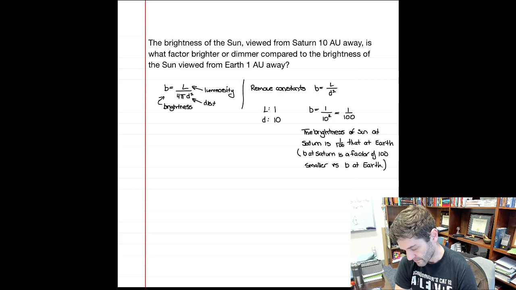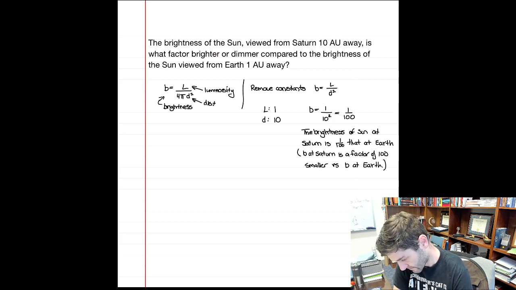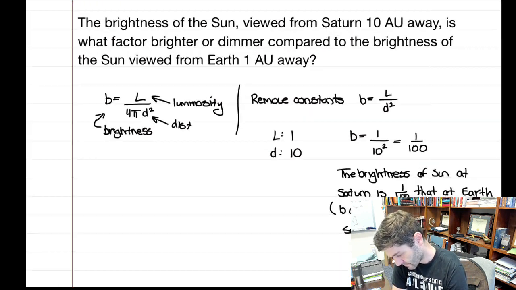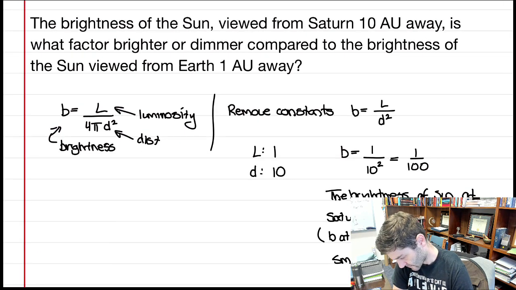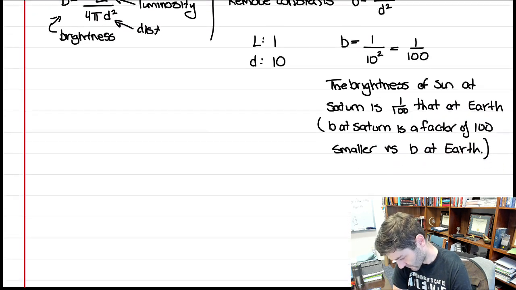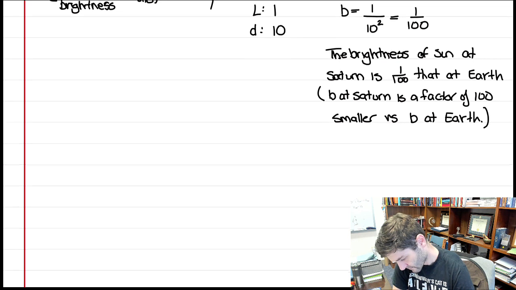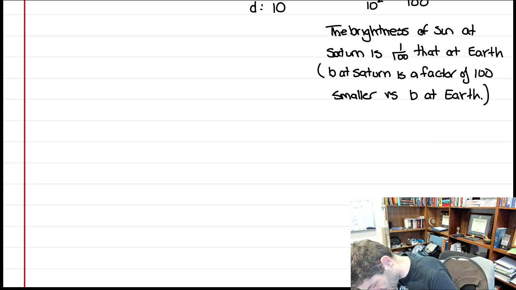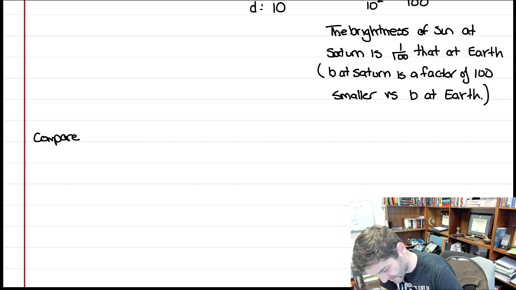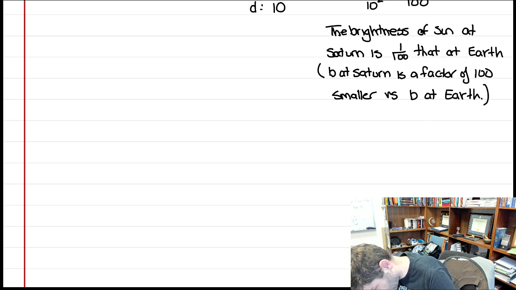Now again, if you were to do it the other way, maybe I'll just do it real quick, since it's a video and goes as long as I want. If you wanted to compare, or I guess, what is the brightness at Earth compared to Saturn?